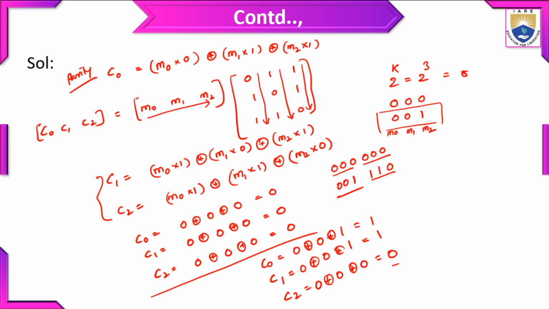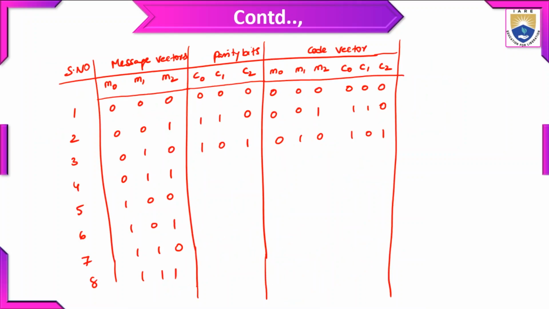The fourth one is 0, 1, 1, so again here 0, 1, 1. Fifth one 1, 0, 0, so 1, 0, 0, 0, 1, 1.